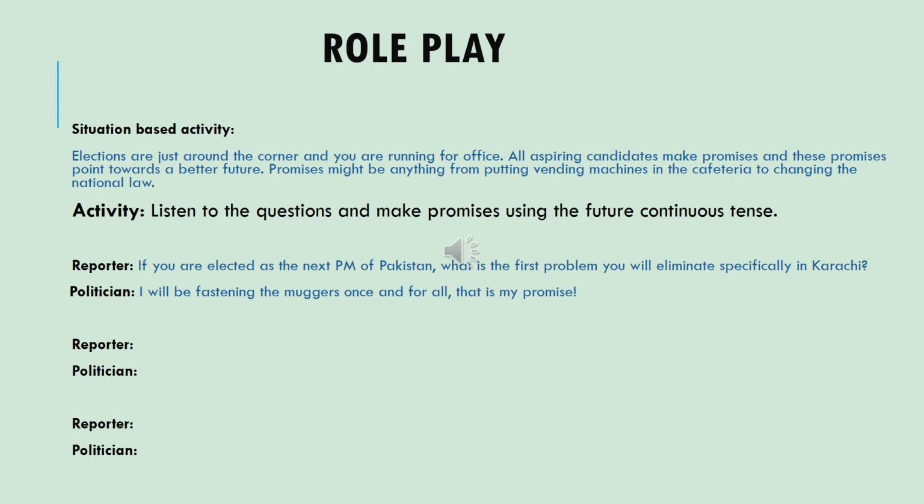One is a reporter, who will come up with questions to ask the soon to be politicians. Here one is done for the kids to understand how they're going to do it. If you are elected as the next Prime Minister of Pakistan, what is the first problem you will eliminate, specifically in Karachi? So it's targeting the current conditions of the nation or of the city.